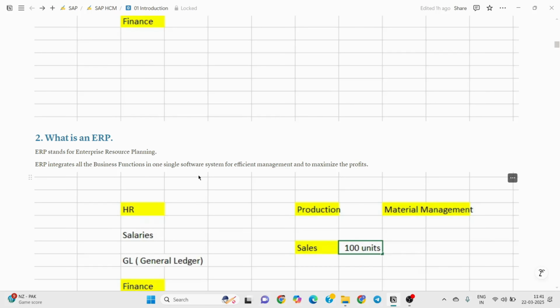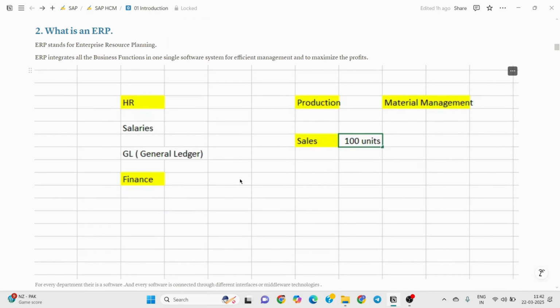Through that, one or two people can manage all the functions of a business. This way the company makes more efficient use of its products and raw materials, and maximizes profit.